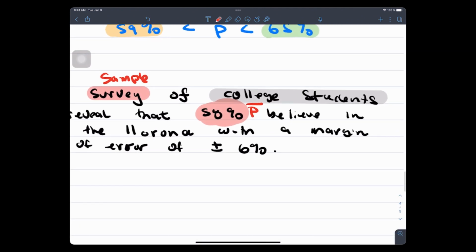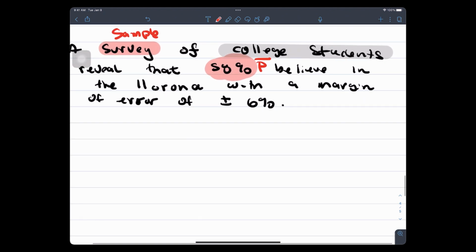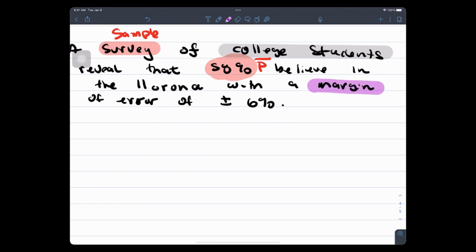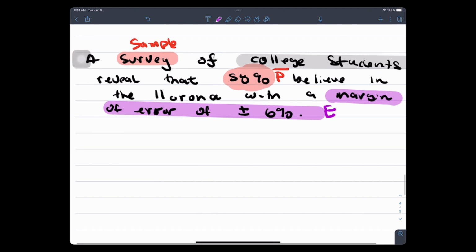And then, ladies and gentlemen, we have a margin of error of plus or minus 6%. So what letter did we use for that? We call that E. Is that true?